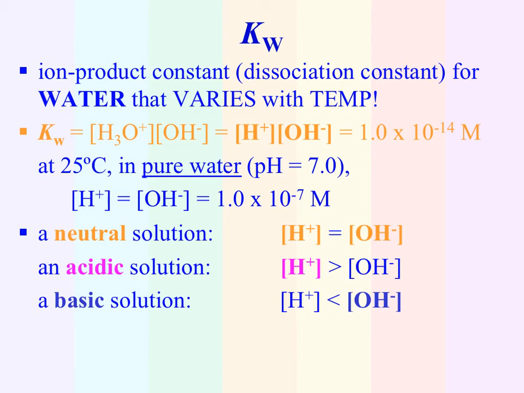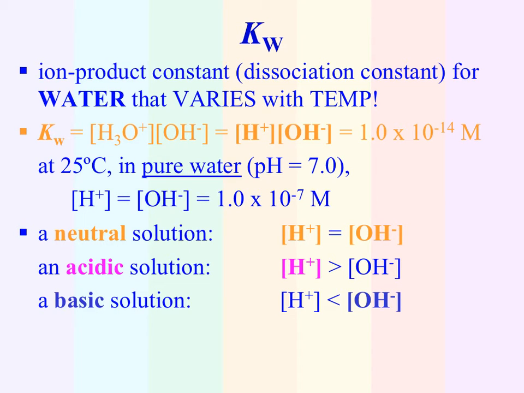Now we can rewrite the equilibrium expression that we just saw on the previous slide with respect to Kw. We call this the water ionization expression. The ion product constant, or the dissociation constant associated with water, varies at specific temperatures.